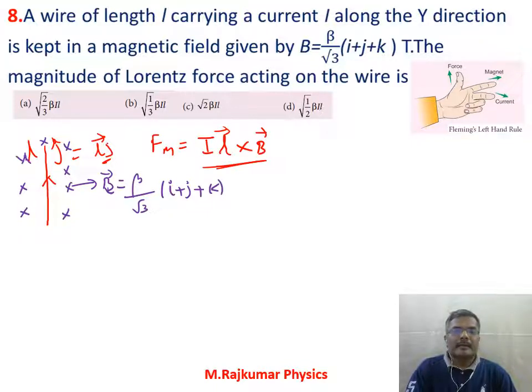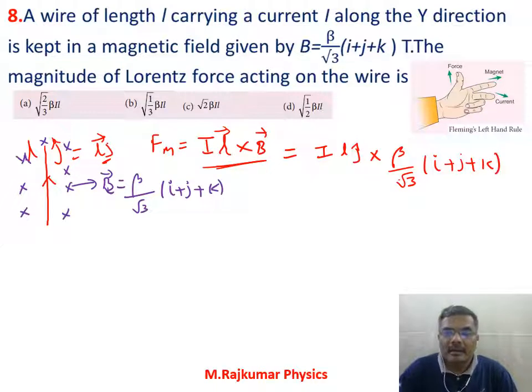So we can write it as L into j cap, cross product with B vector. B vector is given as beta by root 3 into (i + j + k). So these are the two vectors, and I have to take the cross product between them.